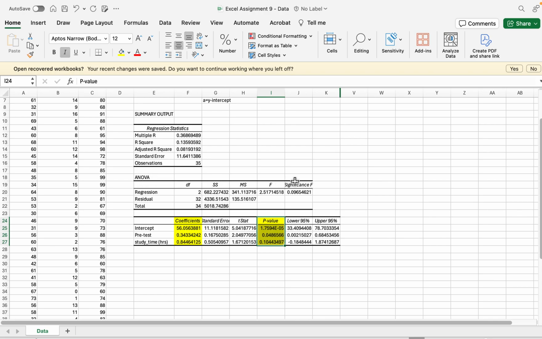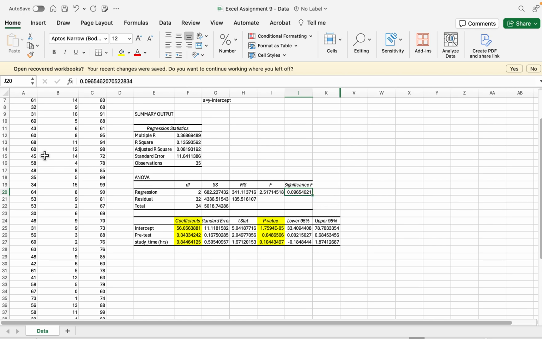Because I asked for a regression. So it's important to understand what this is actually telling you. This ANOVA is telling me, is my model statistically significant? Is it a good fit? If this is statistically significant, that would indicate that my model is a good fit.